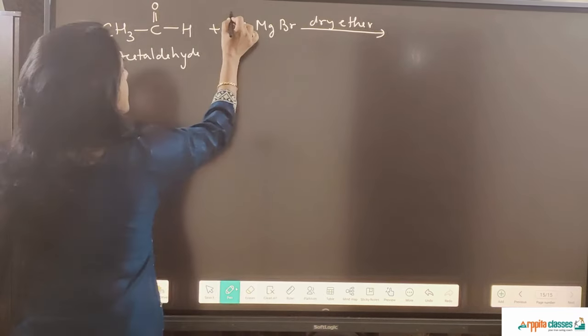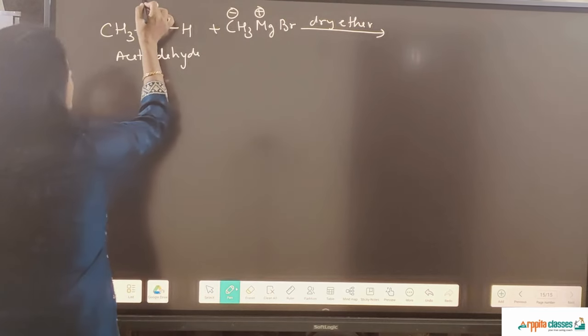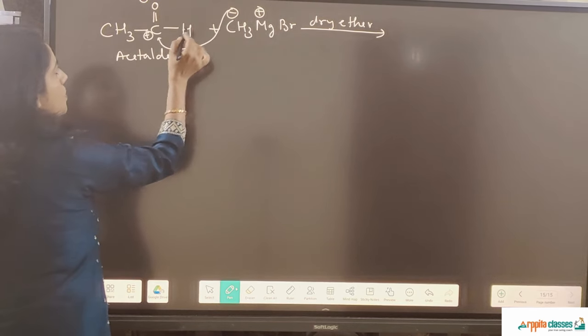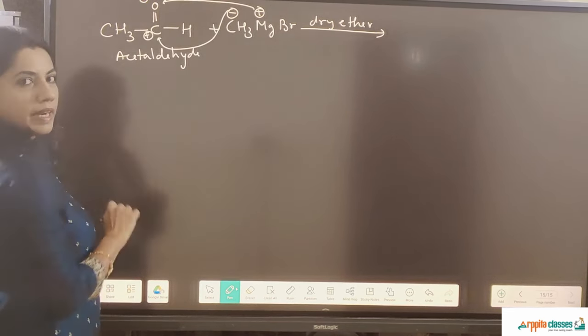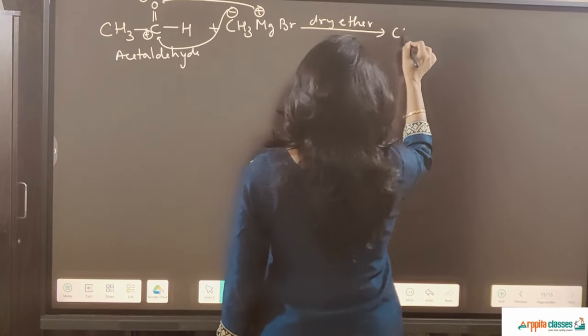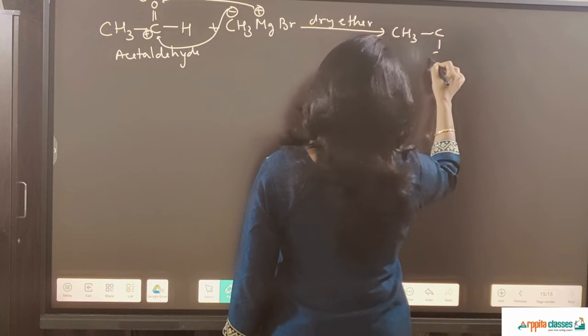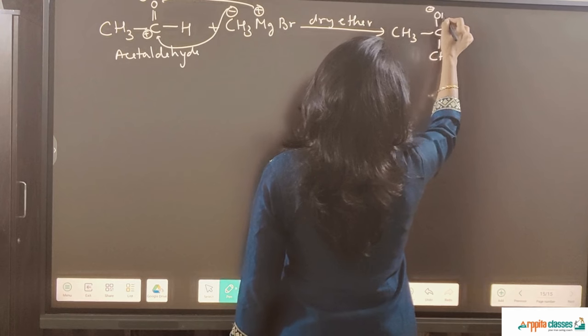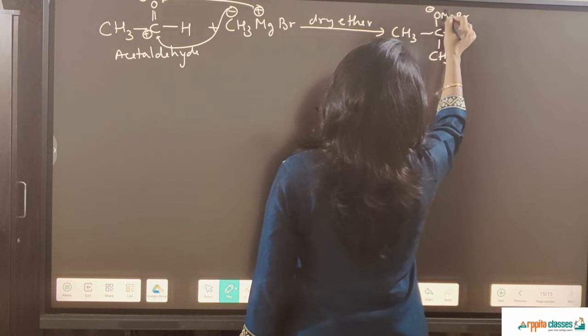Okay, so this is negative, this is positive. Here this is negative, this is positive. So the negative will add with the positive and positive you add with the negative. So what you get is CH3, C, this is CH3 over here, this is hydrogen, O minus MgBr plus.